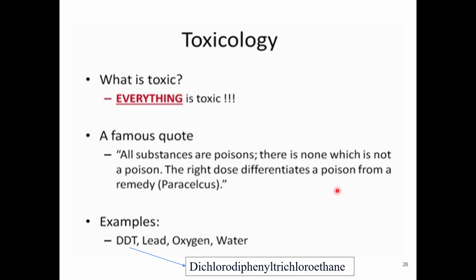If the concentration is within the acceptable limit, it is a remedy. But if it exceeds that, if it is not the right dose, it is a poison. That was the understanding of Paracelsus. Examples can be DDT, that is dichlorodiphenyltrichloroethane, lead, oxygen, water, everything. At a safe concentration, the right dose, it is okay. But if you increase that anywhere in the body or any other place, it is not good. It has a tendency of becoming a poison.